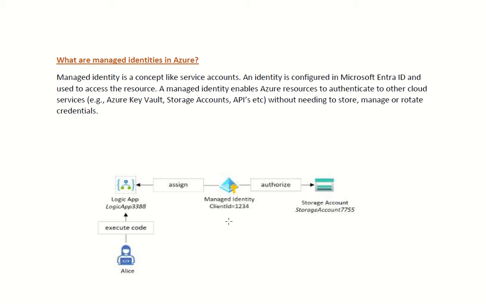Again, there are two types. You set it up on your Logic app, then you use the same managed identity on the storage account to perform role based access control, so that this particular managed identity knows what operations it can perform on this storage account.